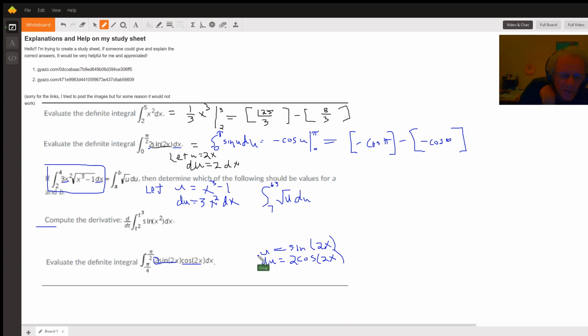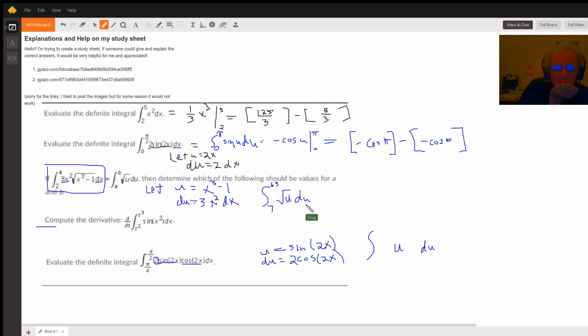So I can start rewriting this last one as, leave those limits of integration off for a second, 2 cosine 2x is du. And I've got the sine of 2x is just u.